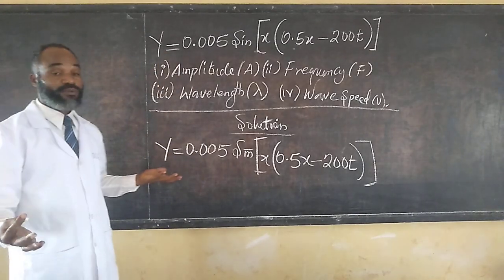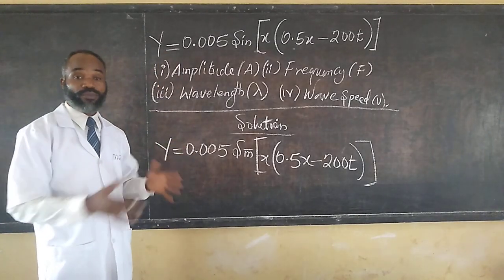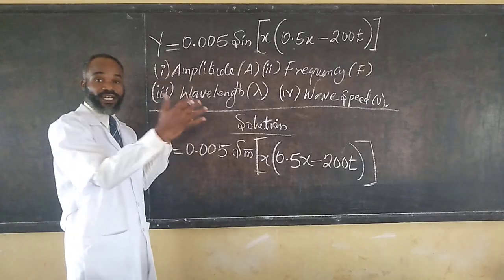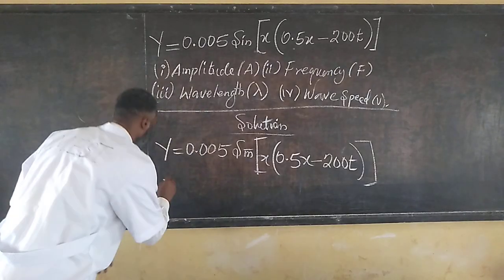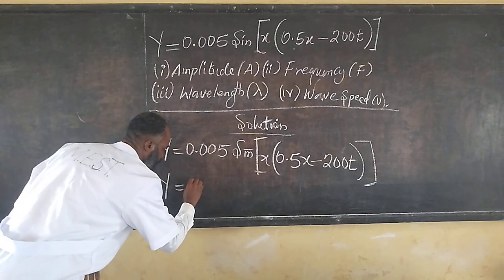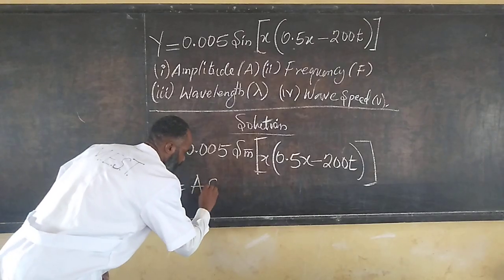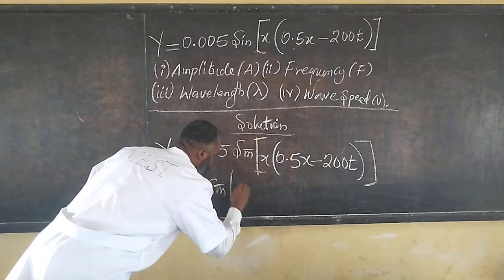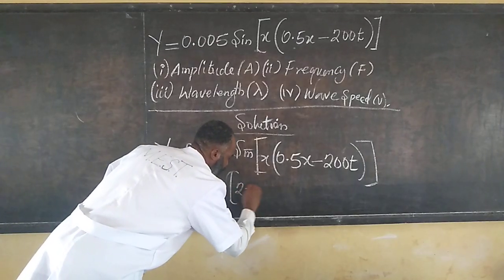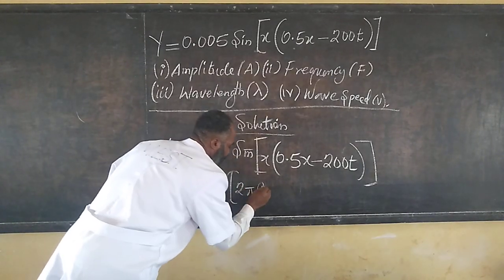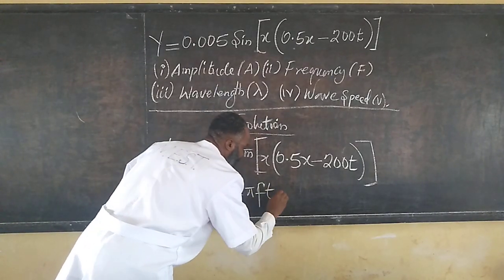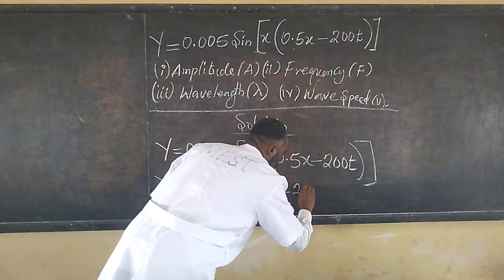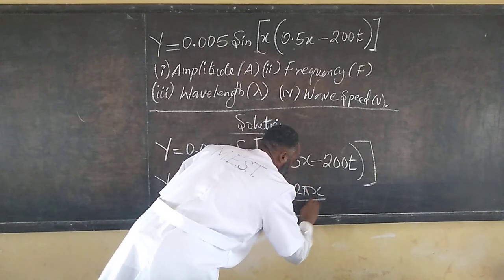Without wasting time, what we're going to do here is simply compare this equation with the general equation, which is given as y equals A sin(2 pi f t minus 2 pi x over wavelength).